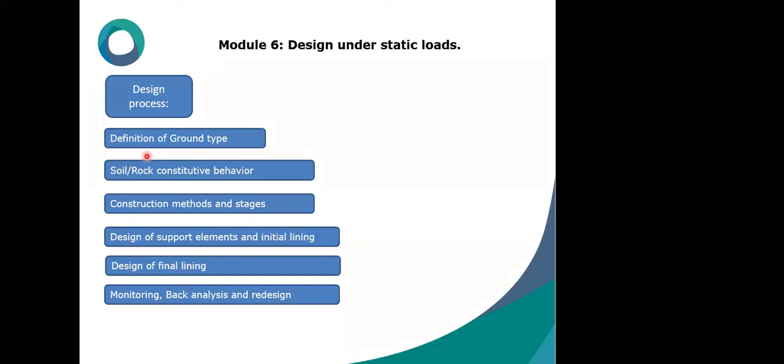At the first stage, we should define the ground type and every related issue to the geotechnical considerations. In the next step, we would be selecting soil and rock constitutive behavior. Then the structure should be analyzed considering methods and stages. And now it's time for designing the support elements and initial lining.